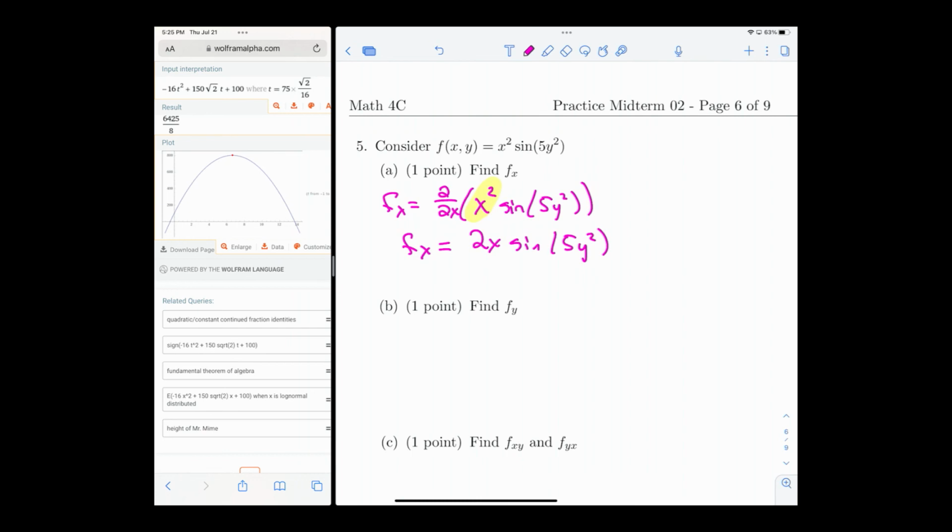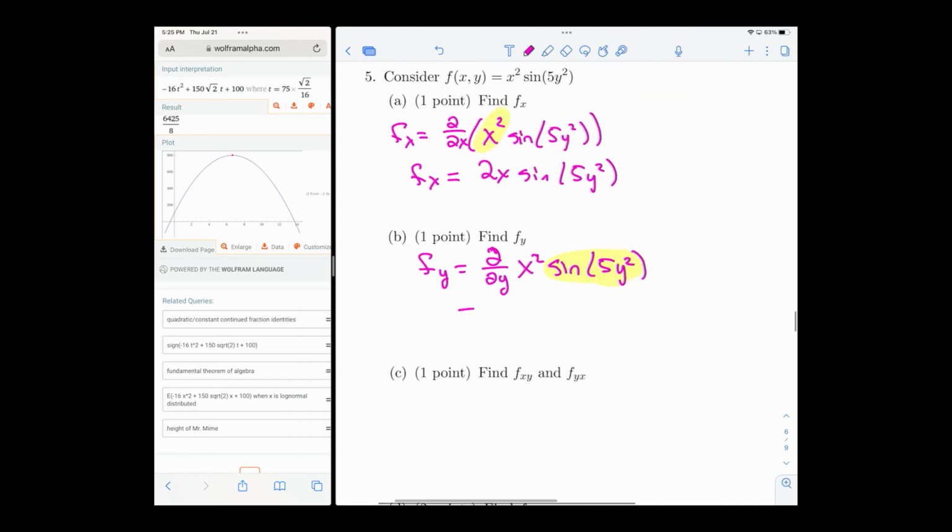Now we need to find fy. Fy is the partial with respect to y of x squared sine 5y squared. Again, this is the only part of the function with a y in it.